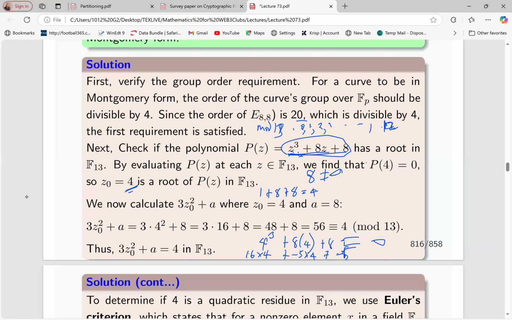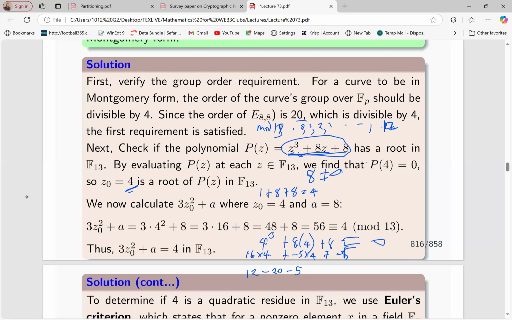So 16 mod 13 would be 3, 3 times 4 would be 12.